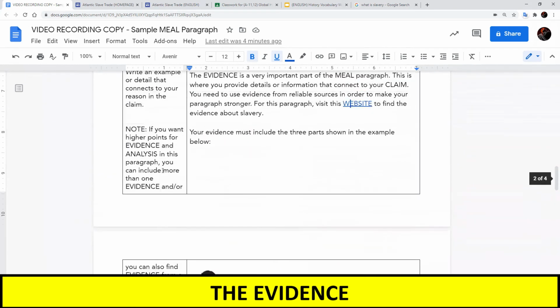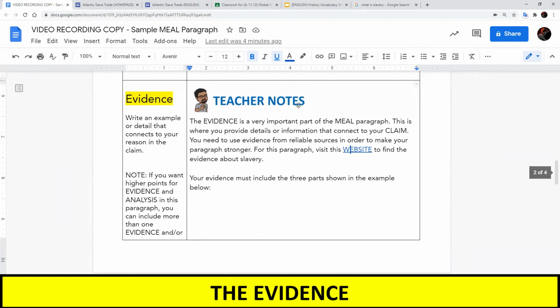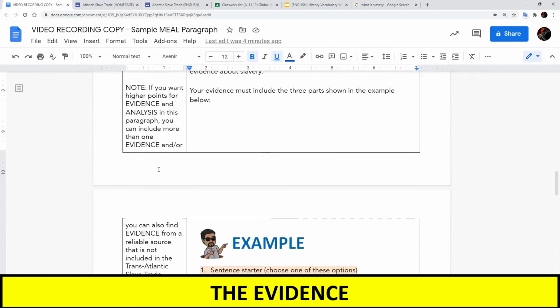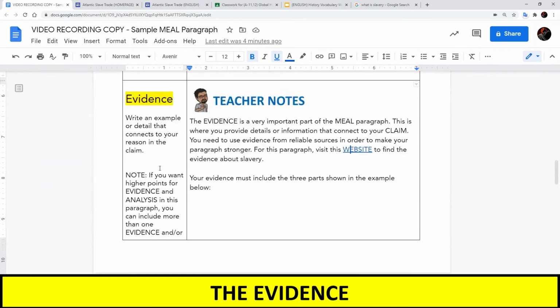Now, if you want to maximize the points and you want to really demonstrate that you understand how to do a meal paragraph and how to find evidence, there are a couple of things that you can do. One is that instead of only providing one evidence and one analysis, you provide two pieces of evidence and two analyses.